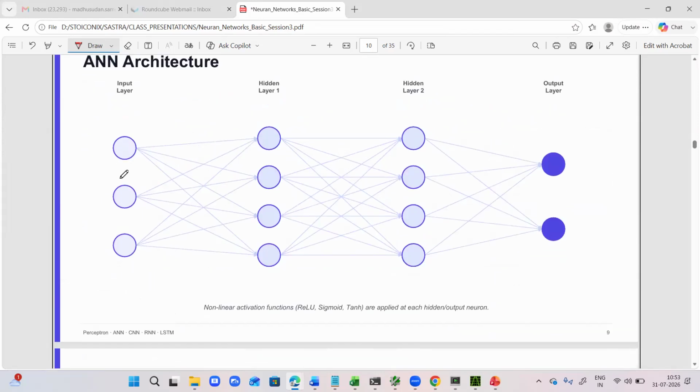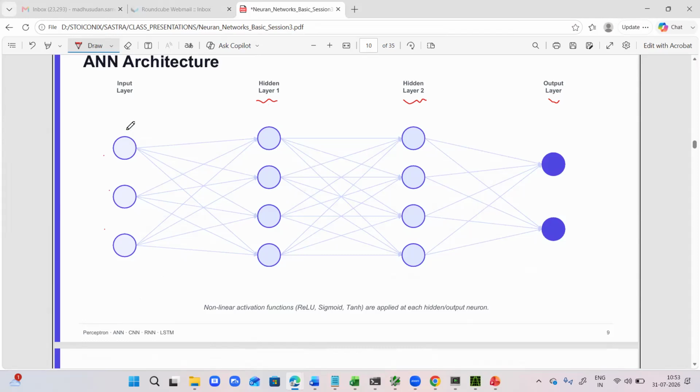If you look at it, here you have one, two, three neurons, and in this layer called layer one, you have four neurons, and layer two has four neurons, and the output layer has two neurons. So overall, there are about 4 plus 4, 8 plus 3, 11 plus 2, 15 neurons in this.